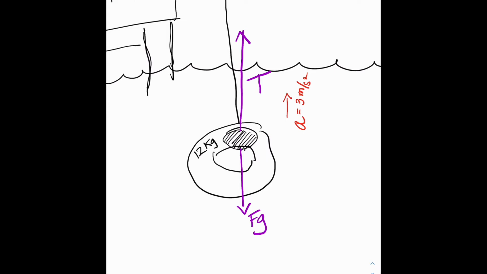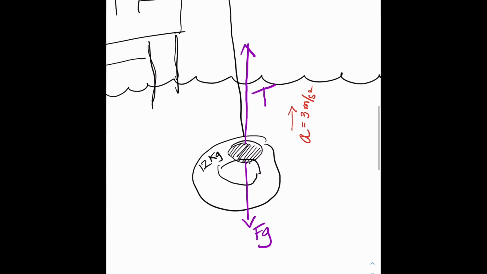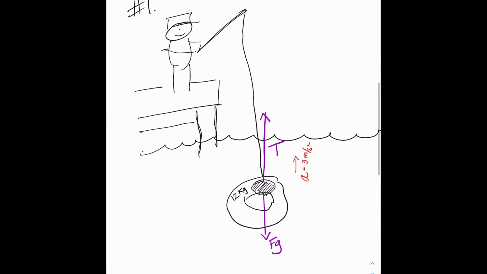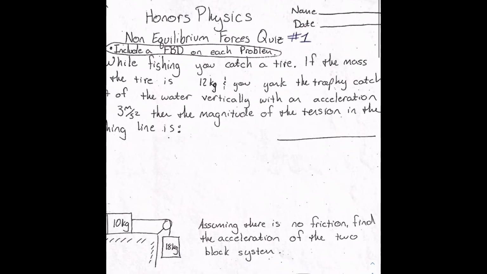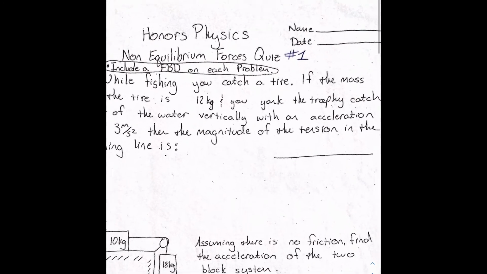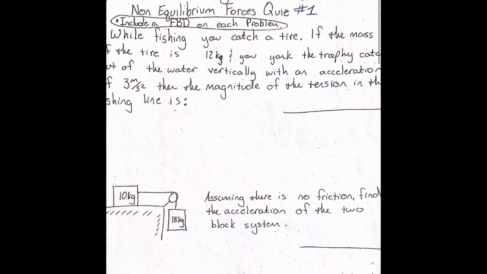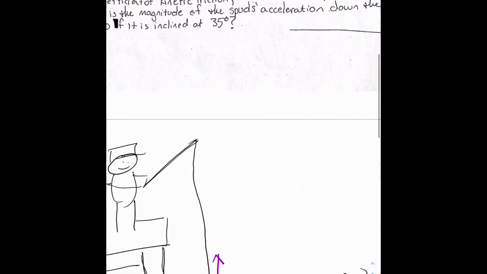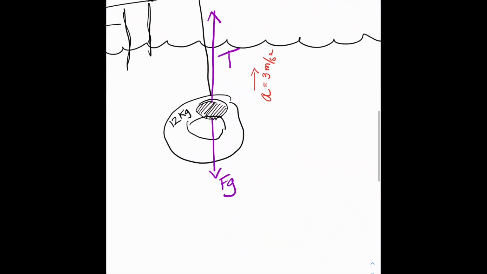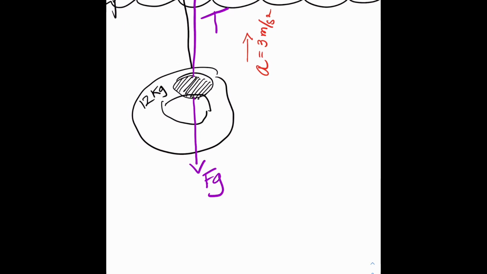That there is some net acceleration in this direction. Okay. What else do we know about this problem? I think that's it. Okay, and they want us to find what is the magnitude of the tension in the fishing line. Okay, so what is T?